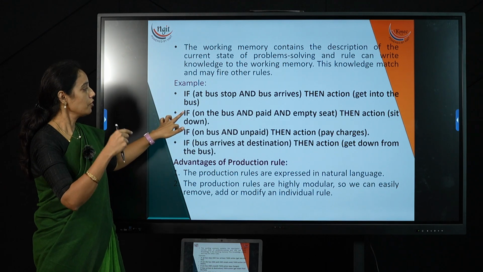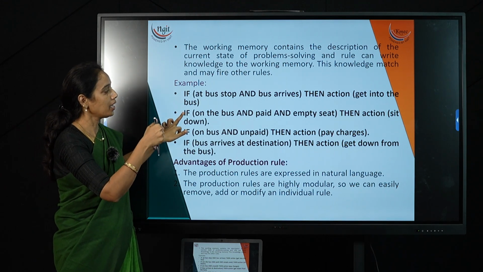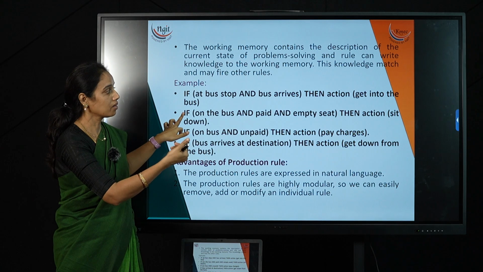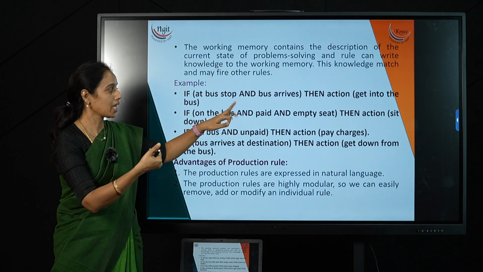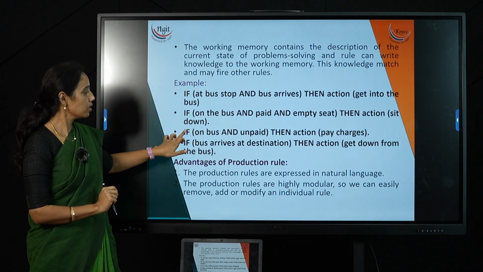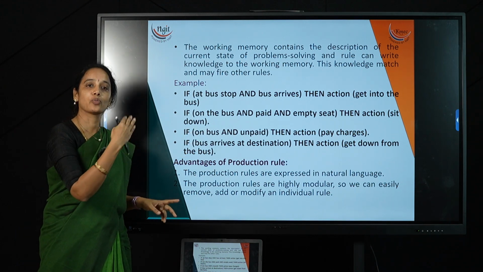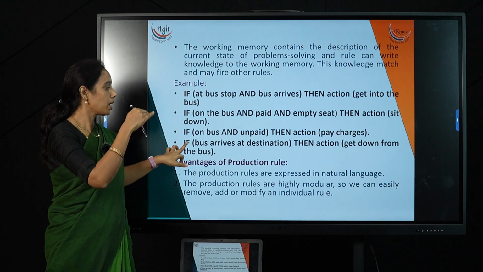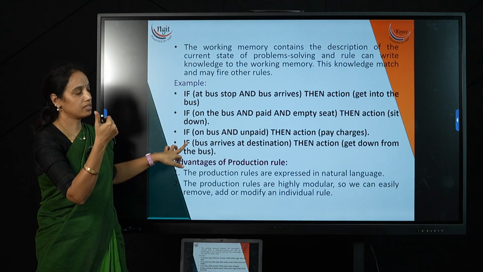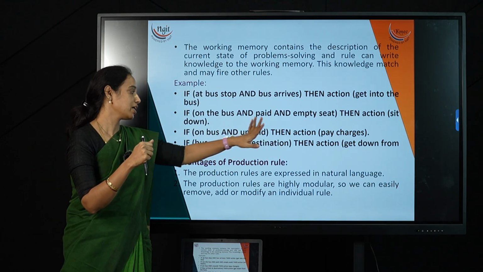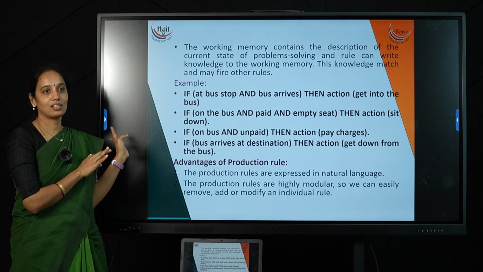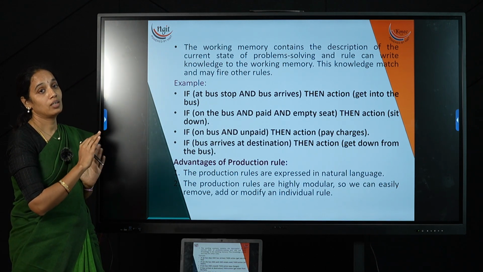Second, if on the bus and paid and empty seat, then the action is sit down. Then if on bus and unpaid, then the action is pay the charge. Then if bus arrives at destination, then the action is just get down from the bus. So this is how the production rule works.